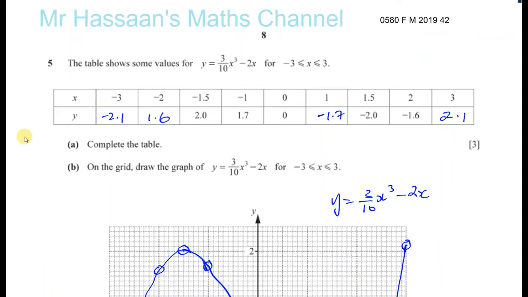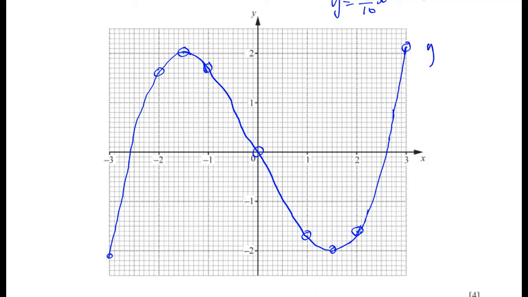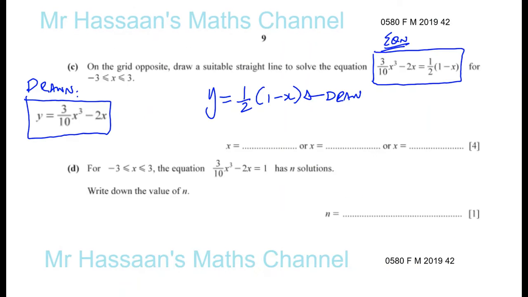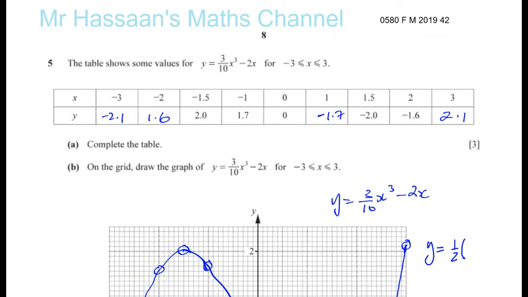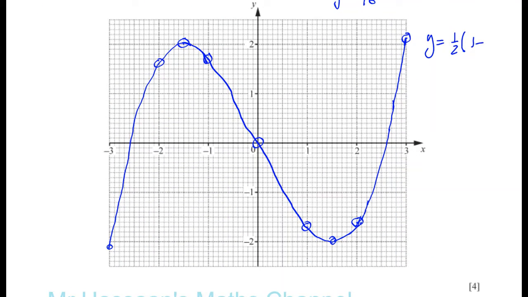So let's go back to our curve and let's draw the line y equals a half times 1 minus x. So let's just expand this. That's going to give you a half minus a half x.